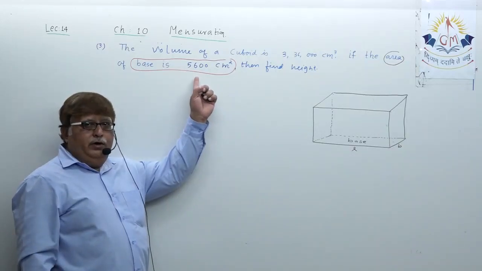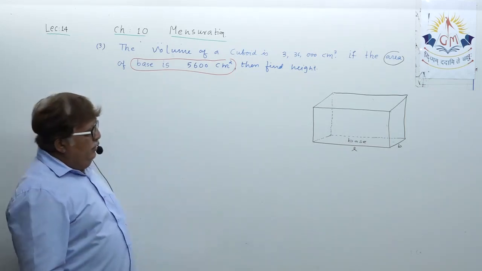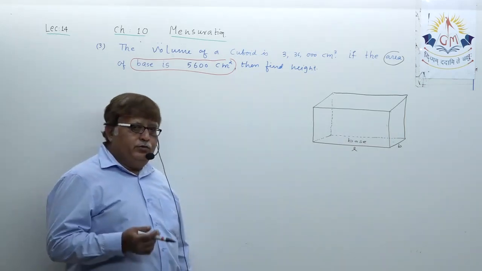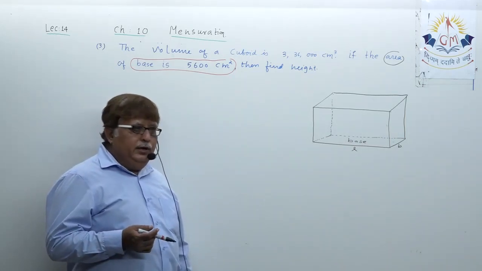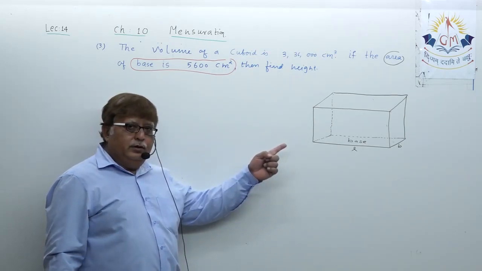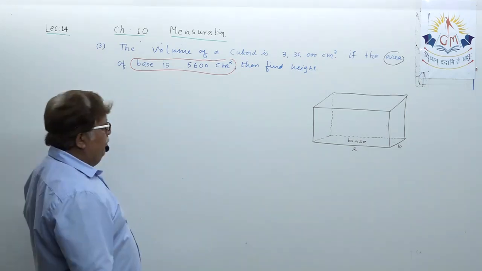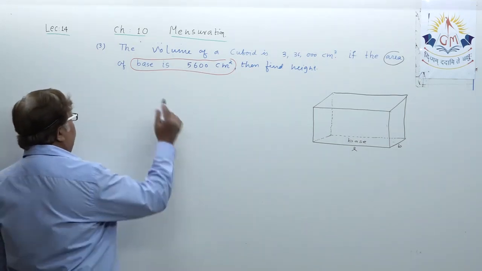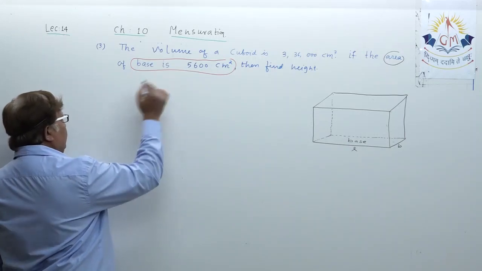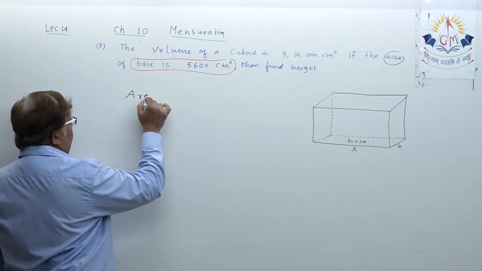Area of base means you know L into B. I just now explained you. Understood? So, dear student, now the thing becomes easy for you. This was the actual click point in this.